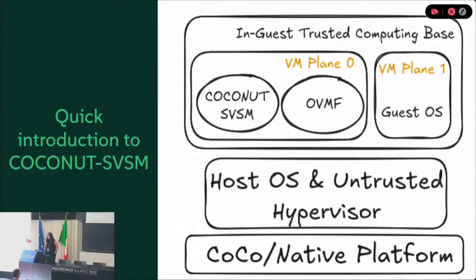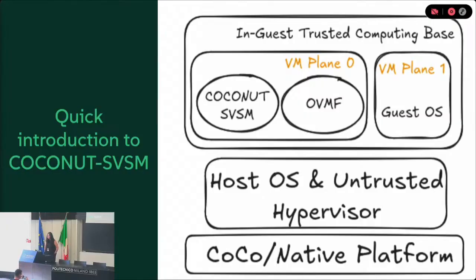The project started with a collaboration between SUSE and AMD when AMD introduced virtual machine privilege levels as part of SEV-SNP. The idea is that you have some of these services running at the higher privilege levels within the same guest instead of the hypervisor. Some of these services include virtual TPM emulation, UEFI variables, live migration, etc.